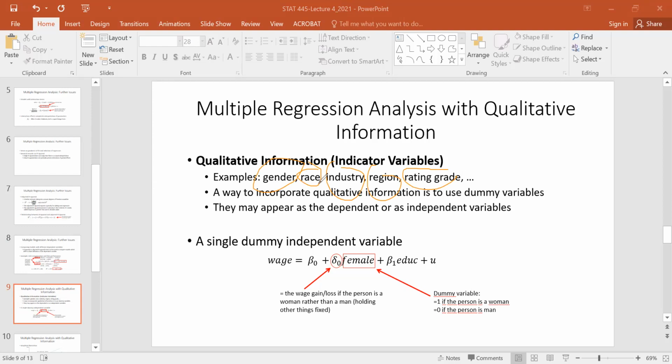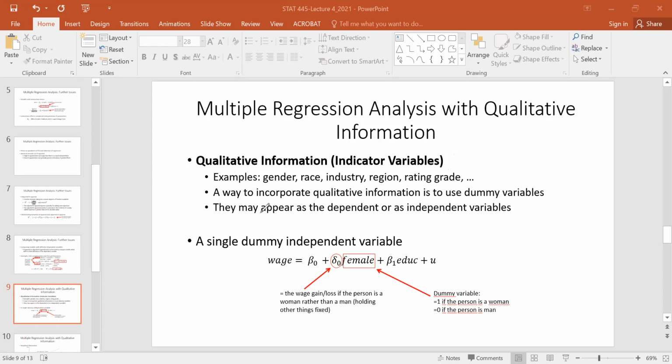How do you incorporate indicator variables, as we call them, or qualitative variables?